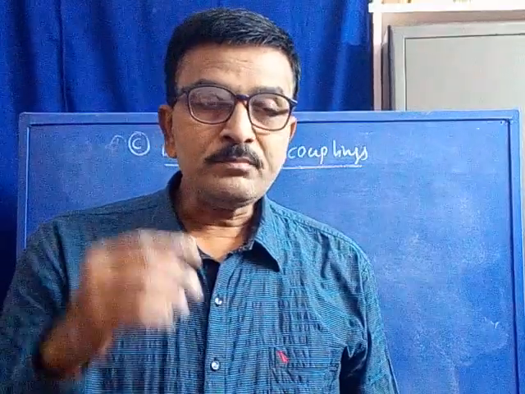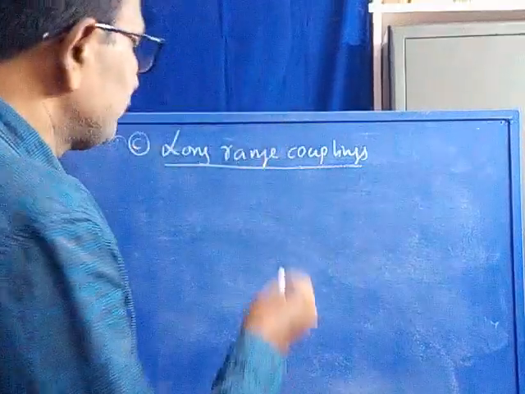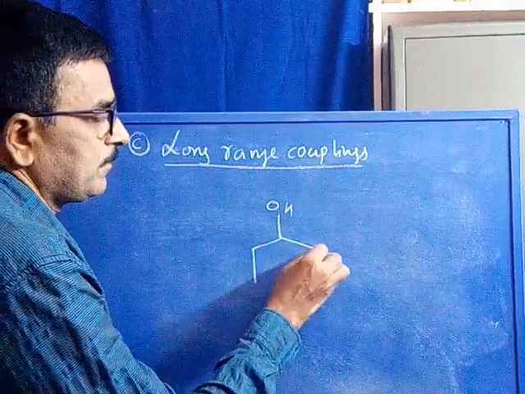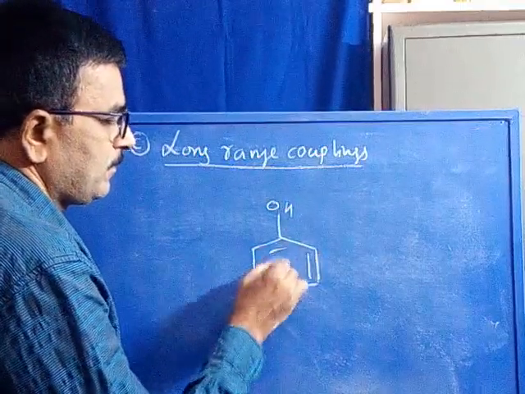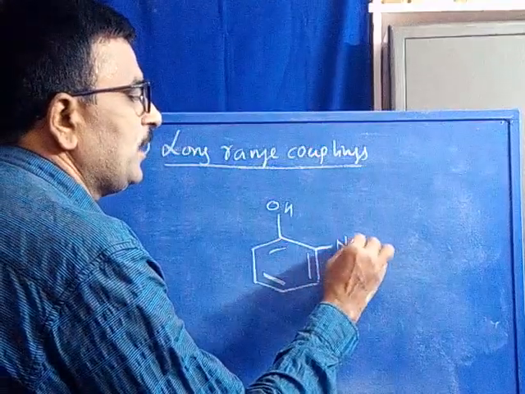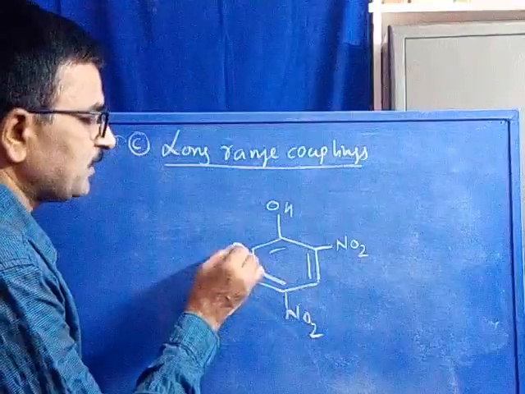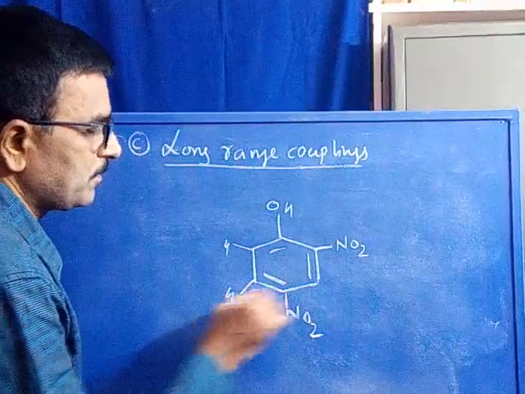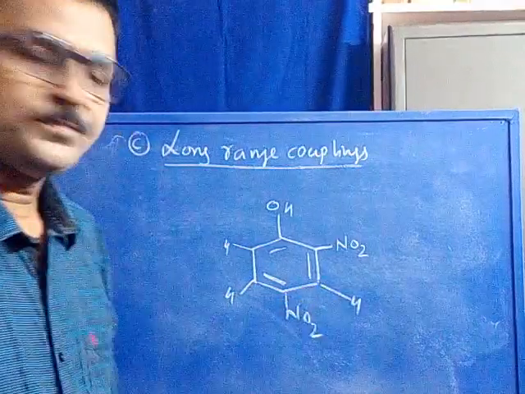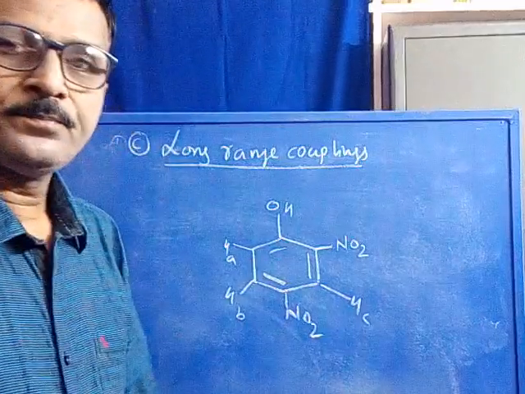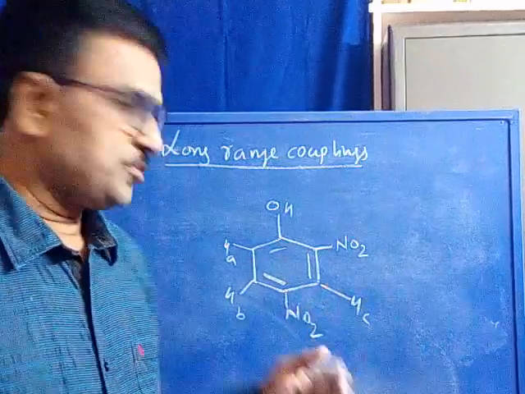Example, dinitrophenol, with an OH proton and an NO2 here and an NO2 here. There are 3 hydrogens on the aromatic system: A proton, B proton, C proton. Now we can distinguish them.